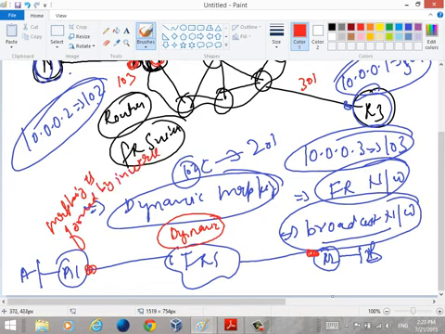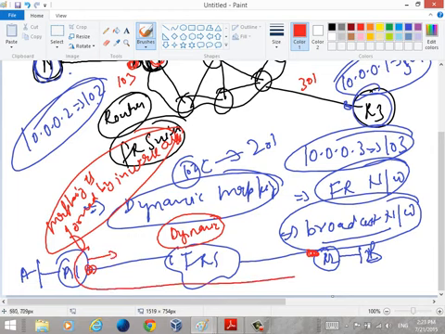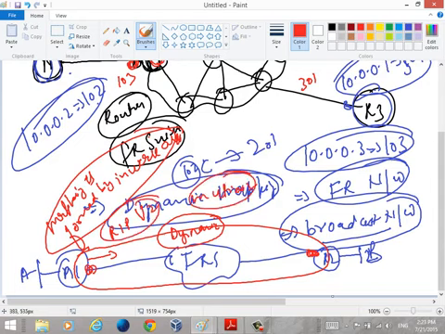Now let's think we are running RIP between these two routers. I am running RIP version 2. R1 will send a multicast update. R1 will be able to send a multicast update on this particular link, because this link is acting as a broadcast link, not as a non-broadcast link.